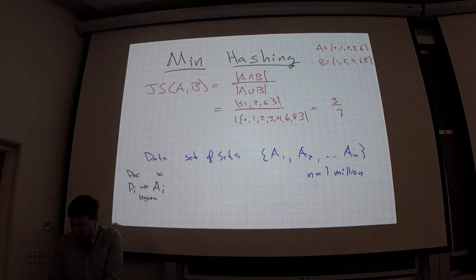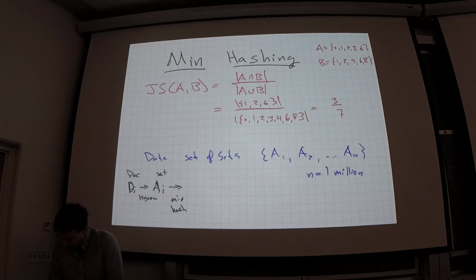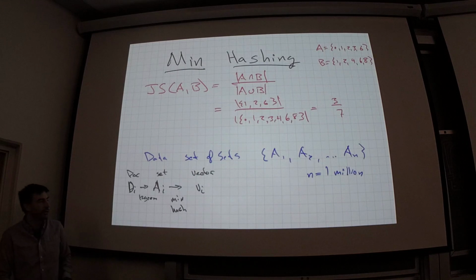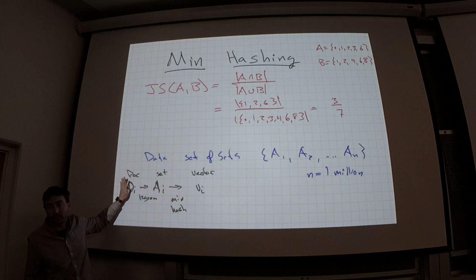So this is now a set, this is Ai, this is Di. What we're going to do next is we're going to do this trick, so-called min hashing, and this is going to go into a vector, Vi.